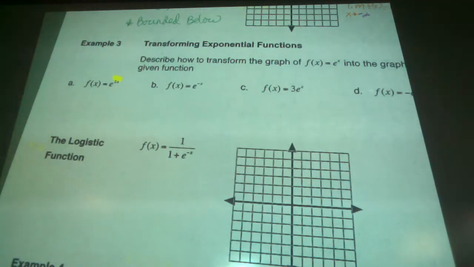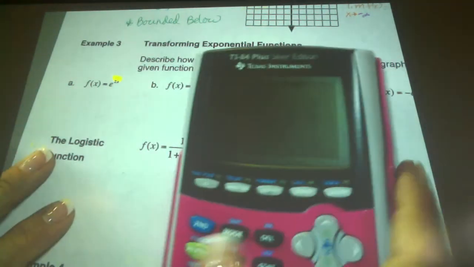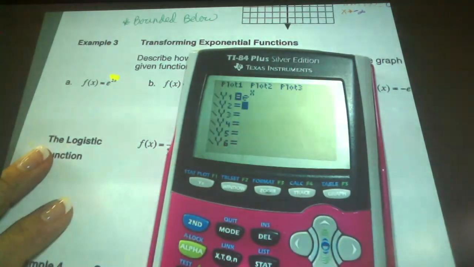So if it's affecting the x, is it vertical or horizontal? It's horizontal. In the past, what have you known it to be? If it's 2 and not a fraction, stretch or a shrink? It'd be a stretch, right? Well, let's look to see what happens. So I'm going to put here e to the 2x.